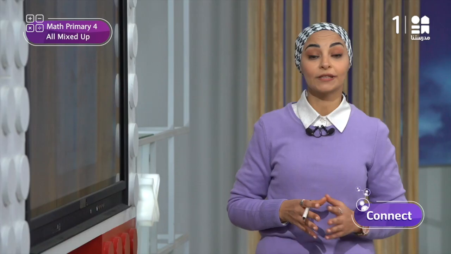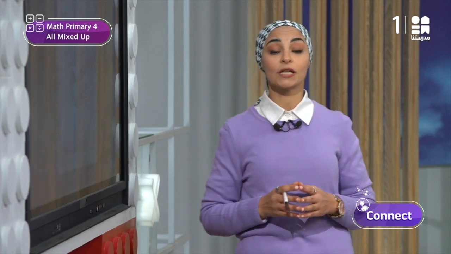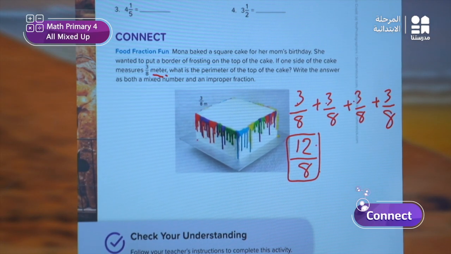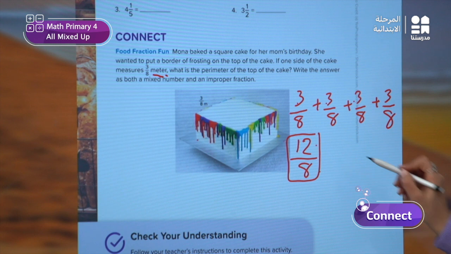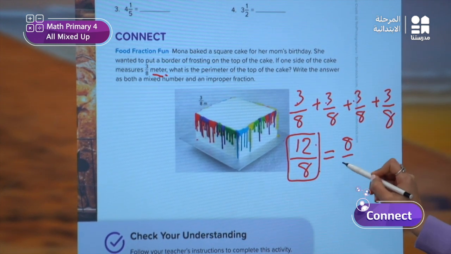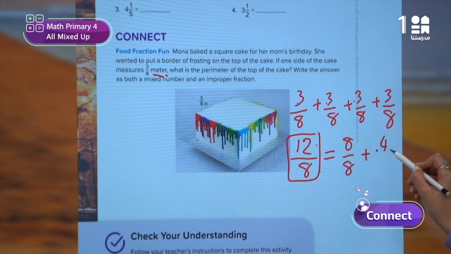Now we need to convert it into a mixed number. You can do this through drawing a model or directly through decomposing 12 over 8. To convert an improper fraction to a mixed number I can decompose. What does decomposing mean? It means 12 over 8 becomes 8 over 8 plus 4 over 8.